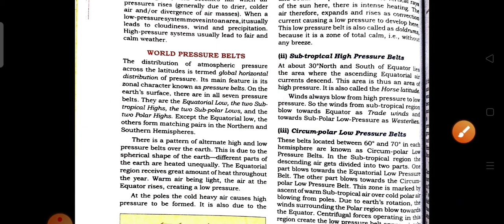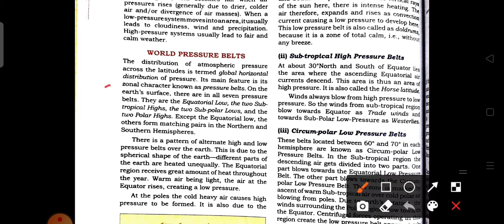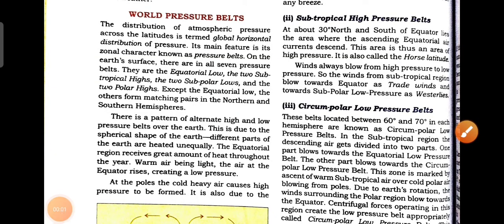At the poles, the cold heavy air causes high pressure to form. As we know, the dense, cold air forms the high pressure in the polar region, because in the polar regions a cold climate prevails throughout the year, which causes the air pressure to become high.